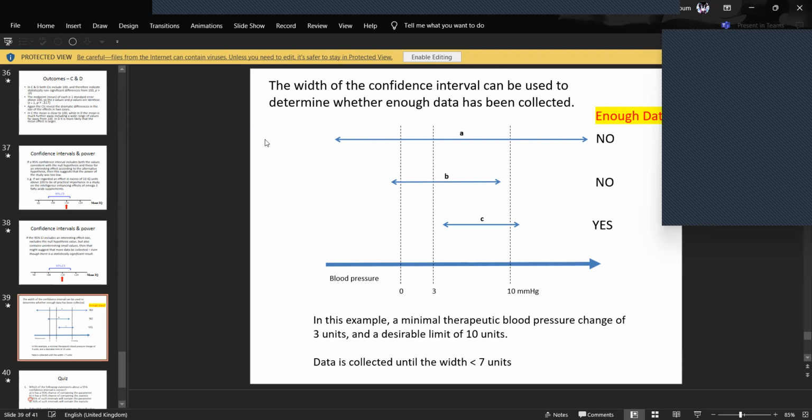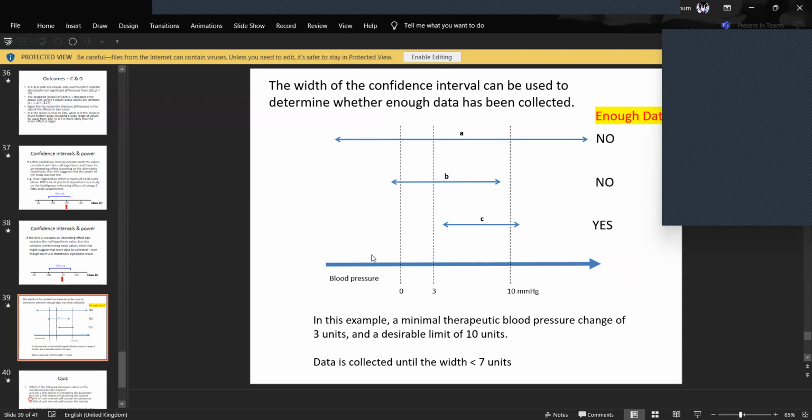Now, as you can see in examples A and B, it's crossing both the null value of 0 and the limit for importance, right? And so what this is telling you is that in both of these examples, you don't really have a large enough sample size.